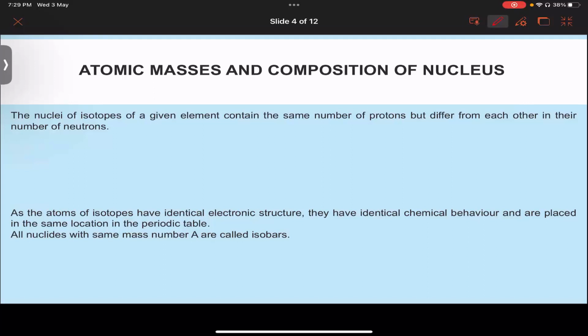The mass number of the isotopes will change, but the atomic number remains the same. So consider hydrogen as the example again. Hydrogen has three isotopes: one is H, one is deuterium, and one is tritium.